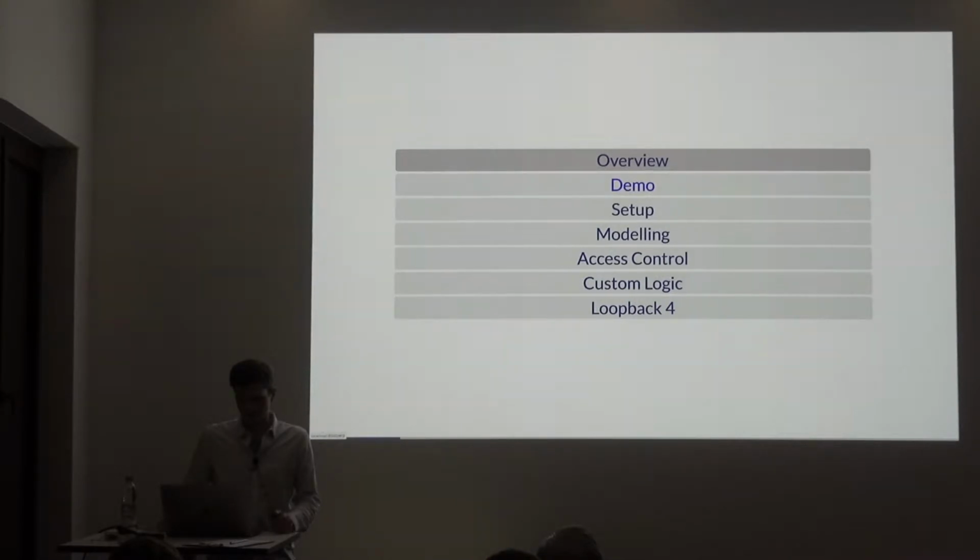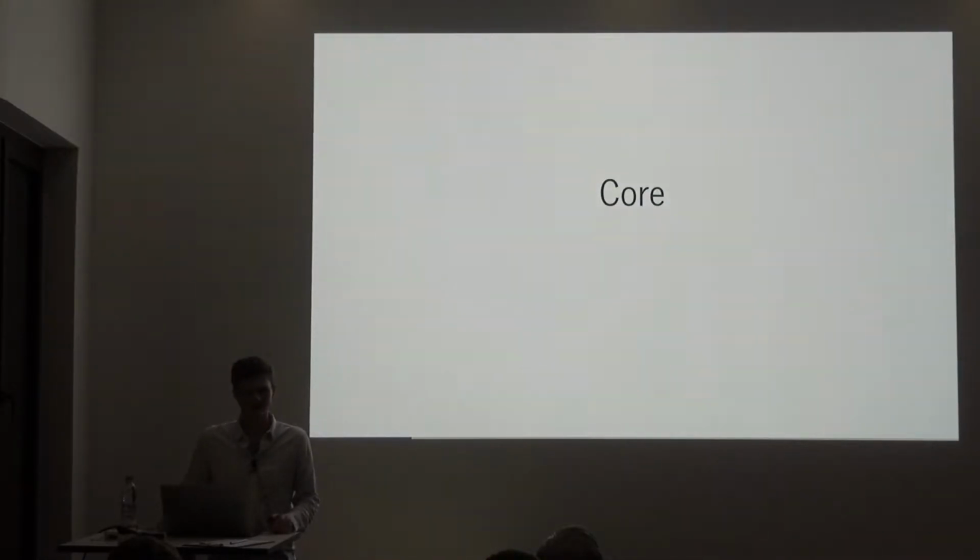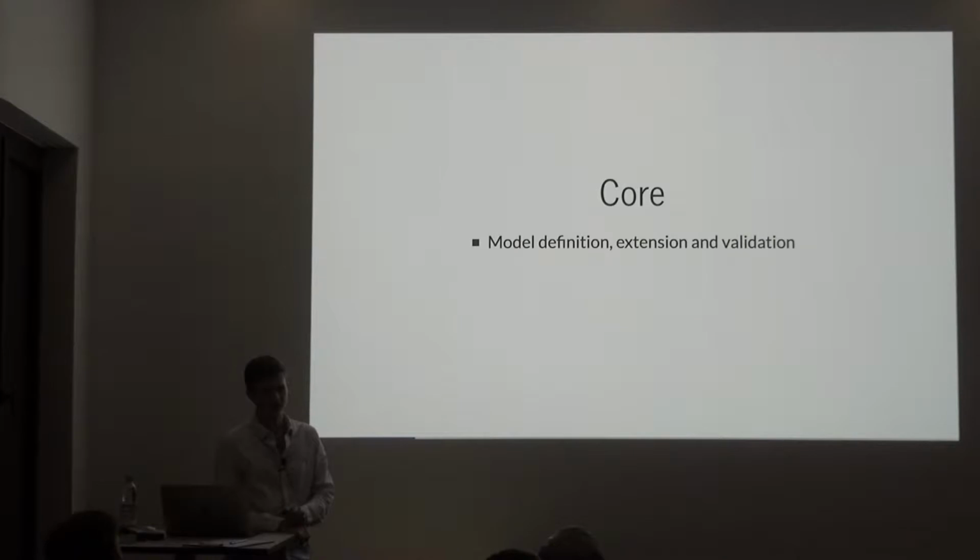So first, let's start with a little overview of how Loopback looks inside. You have a core which is responsible for defining all the models that you want to use, with different extensions. You can have relationships between the models.